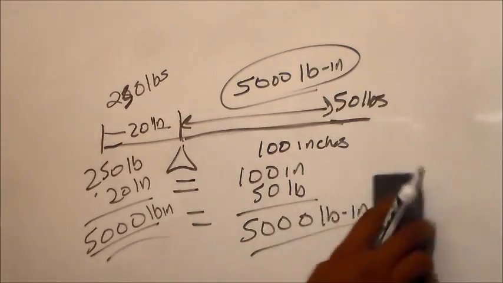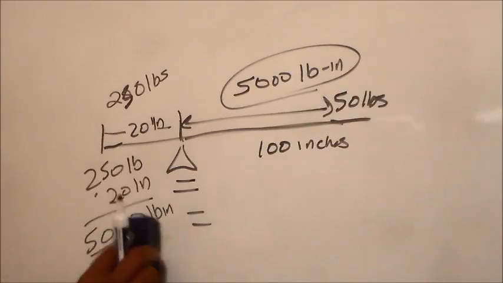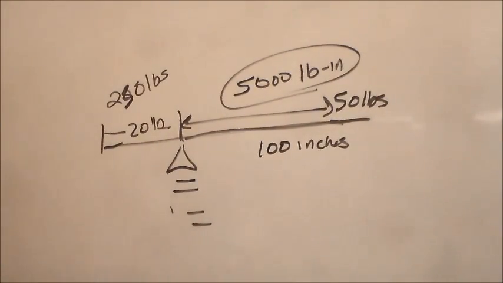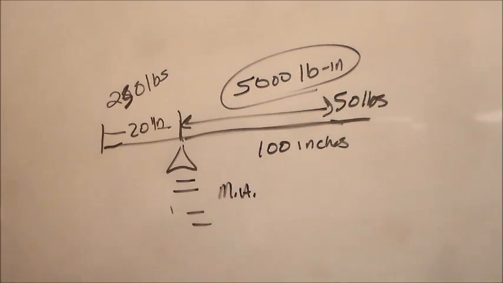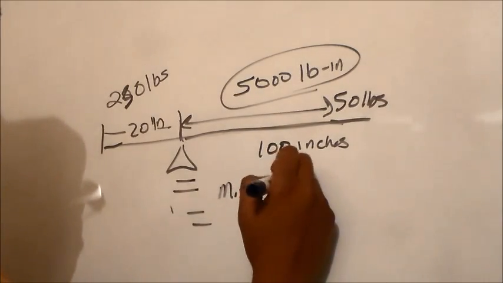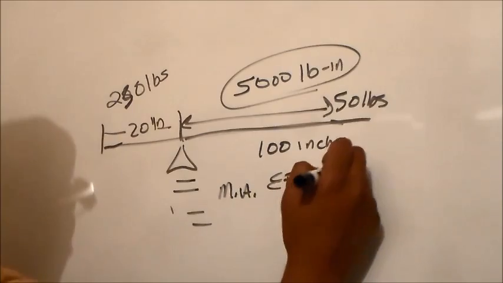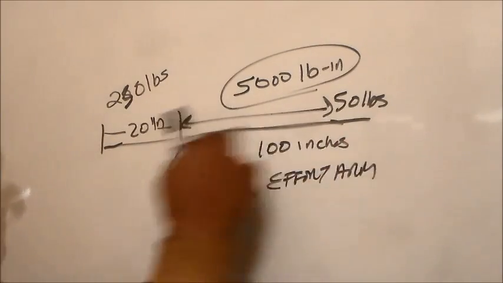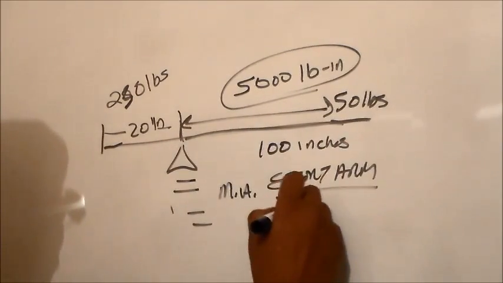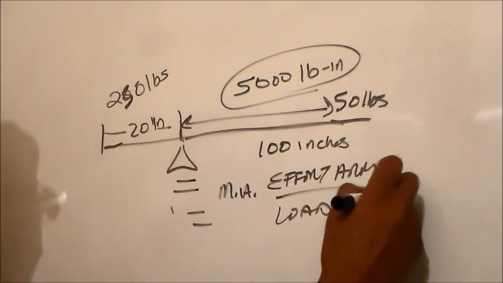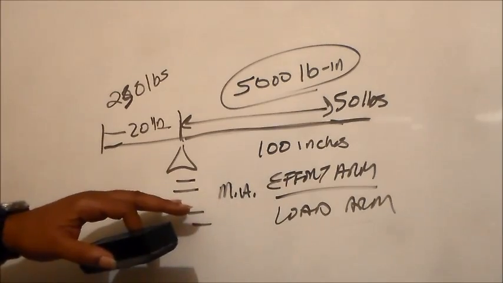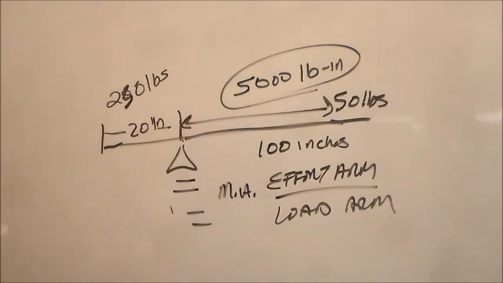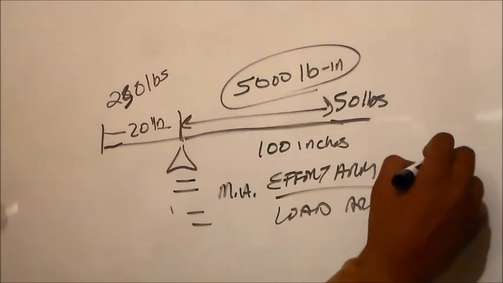The mechanical advantage is effort arm over load arm. Okay, if I want to calculate the mechanical advantage of this system, and they do have questions where they're going to ask that, it's effort arm, which is just the distance, that's what we call an arm, over load arm. Okay, so our effort arm is 100 inches.